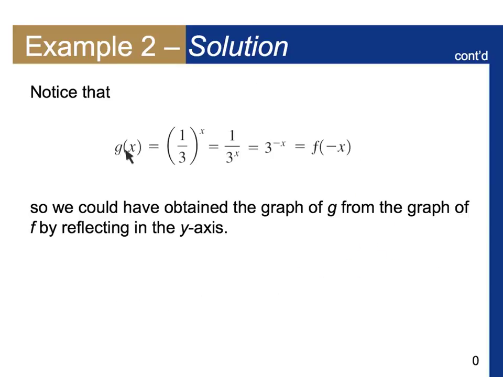Algebraically, 1/3 to the x equals 1 to the x over 3 to the x, which is 1 over 3 to the x, which is 3 to the -x. So that's f of -x. We could have obtained the graph of g from the graph of f by reflecting in the y-axis.